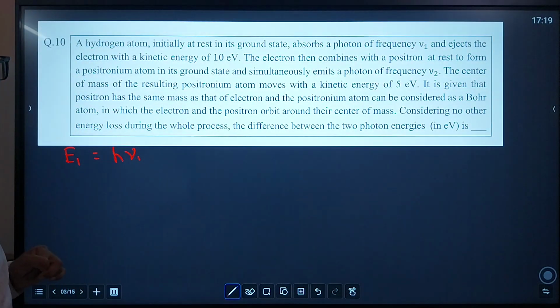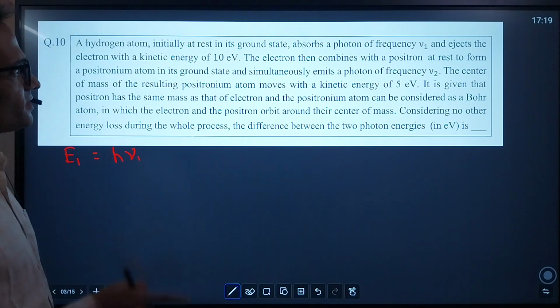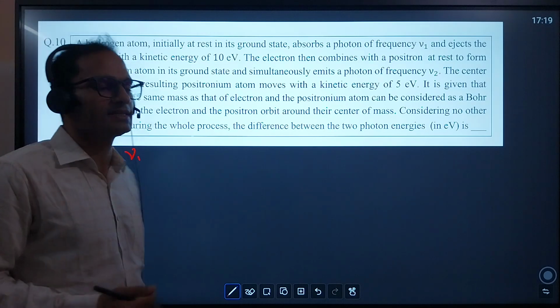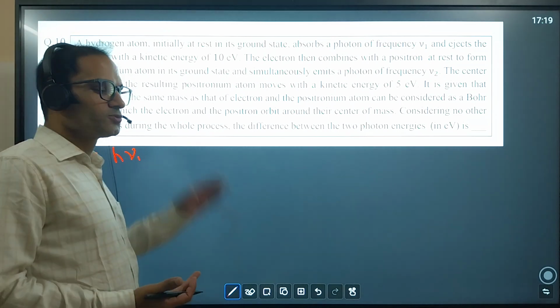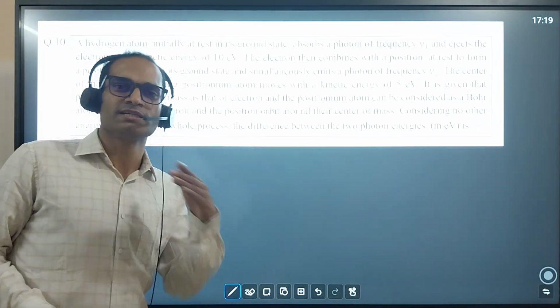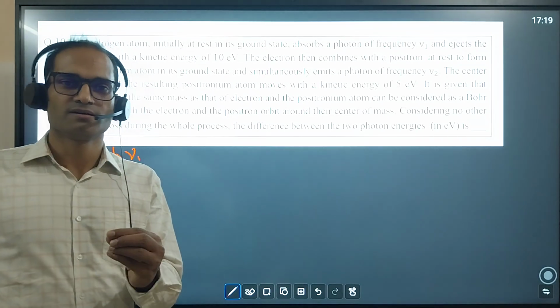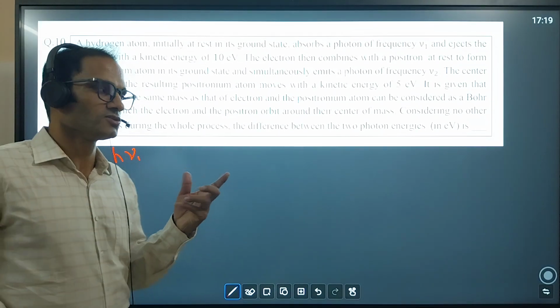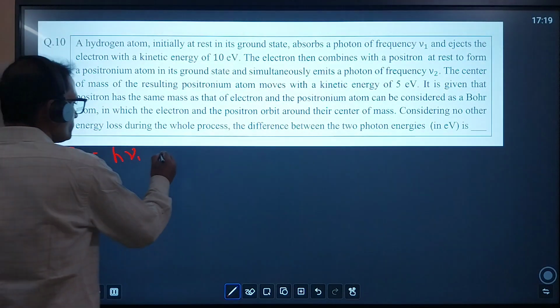This photon is able to eject the electron with a kinetic energy of 10 electron volt. So basically this photon is first ionizing the hydrogen atom and then giving the electron a kinetic energy of 10 electron volt.